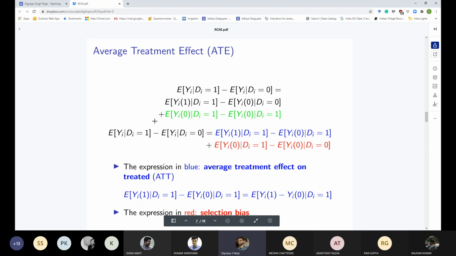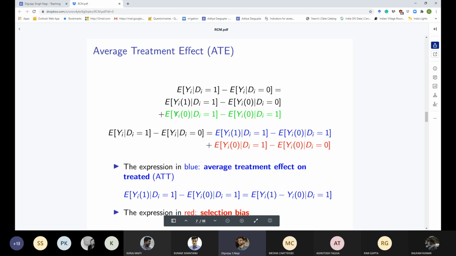Now, what I have done here is I have added and subtracted this expression. It cancels out, so this is equal to this, right? This is the average value of the potential outcome under control for the treated group. Notice these two are not observed.